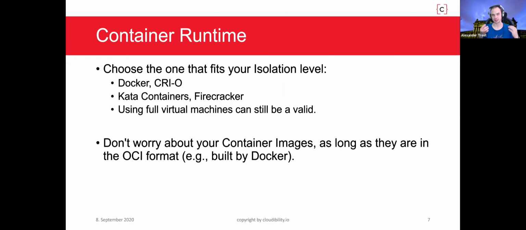Normally, as long as they're built by Docker or the alternatives, for example rootless container building, all of them should provide images in the default format, which you don't need to worry about when you want to run them.